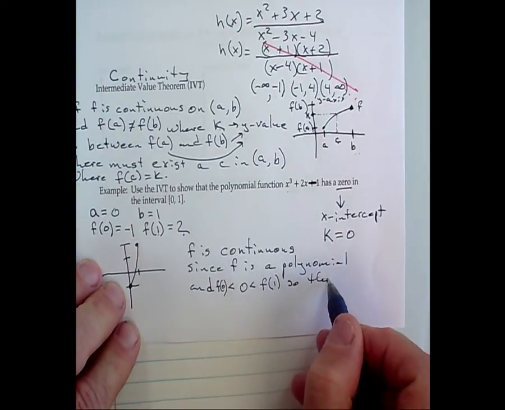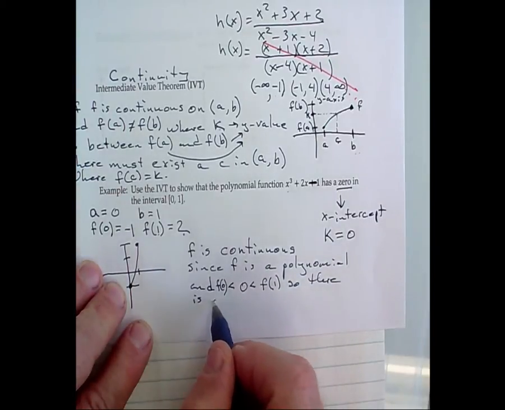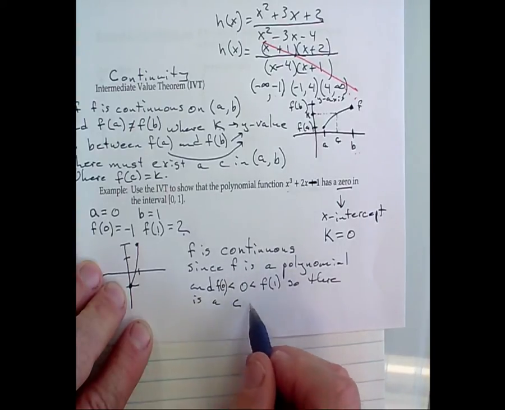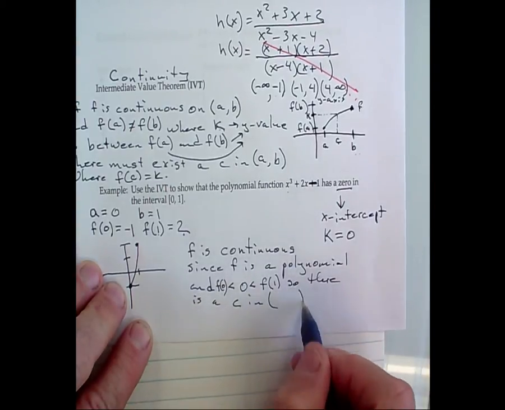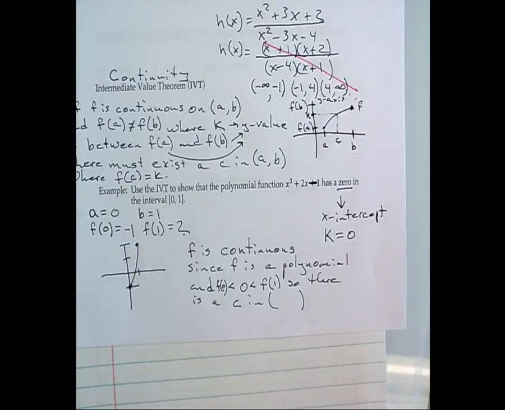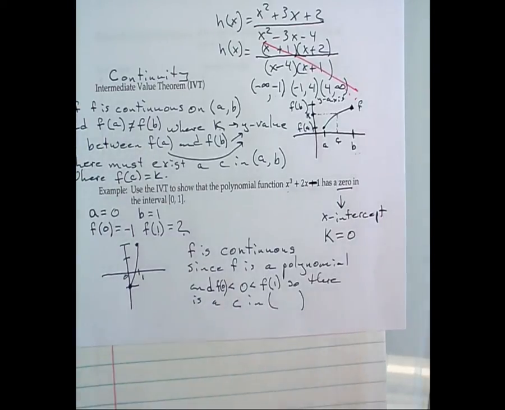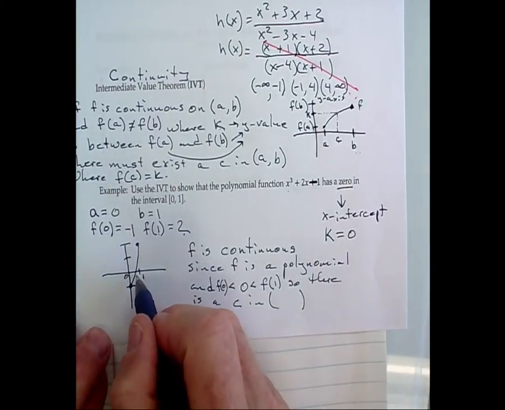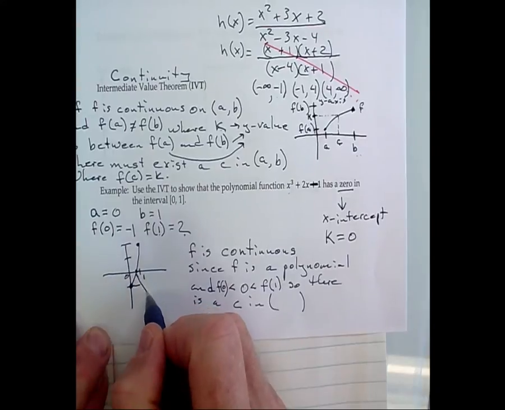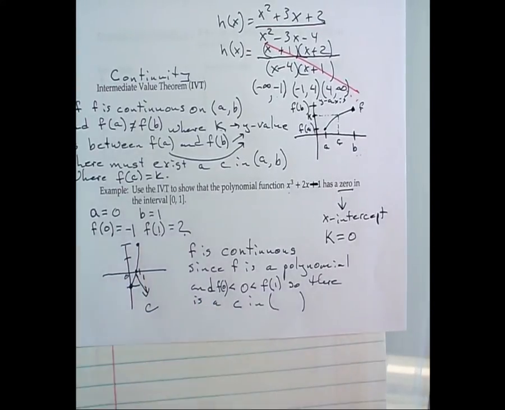There is a C in what? Here's 0, here's 1. That little doodad right there is C. What is C between? 0 and 1, right?